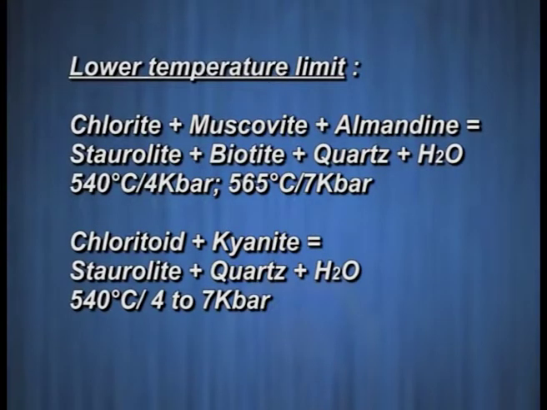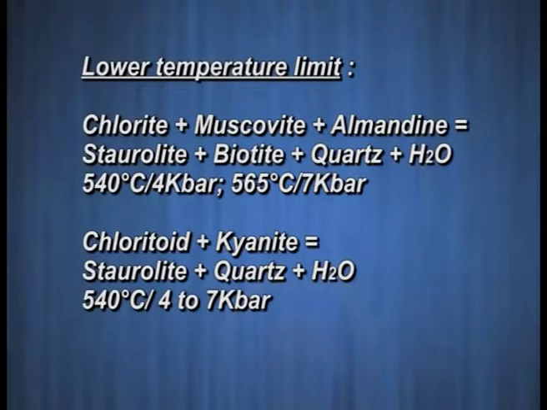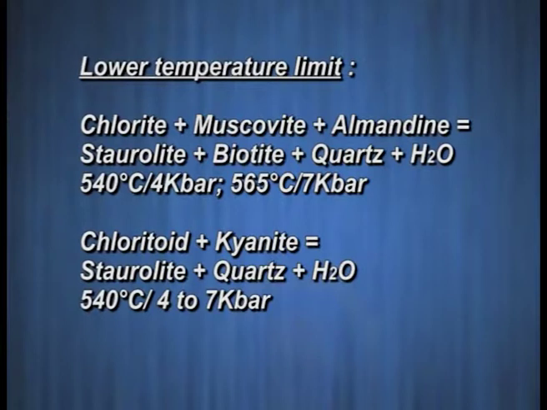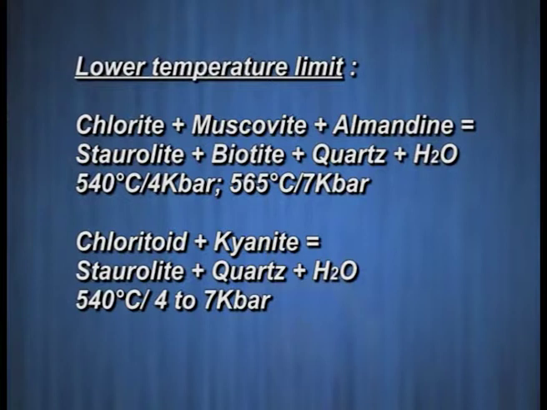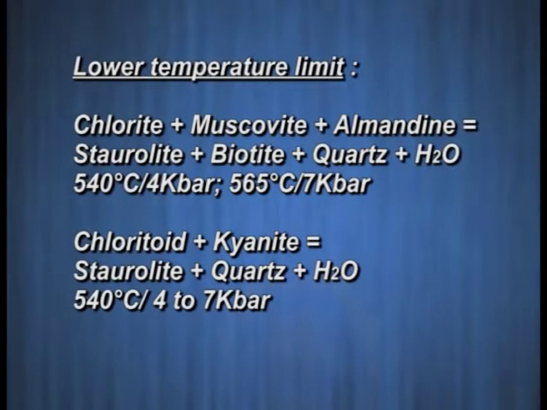In fact, these reactions are bivalent reactions. If staurolite changes towards chlorite, that indicates retrograde metamorphism or retrograde reaction, and similarly if chlorite changes towards staurolite, the formation of staurolite indicates a prograde reaction, which occurs at 540 degree centigrade at 4 kilobar, 565 degree centigrade at 7 kilobar, carried out by Hoschek 1969.